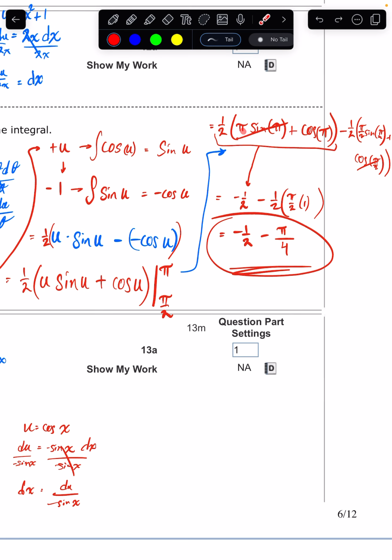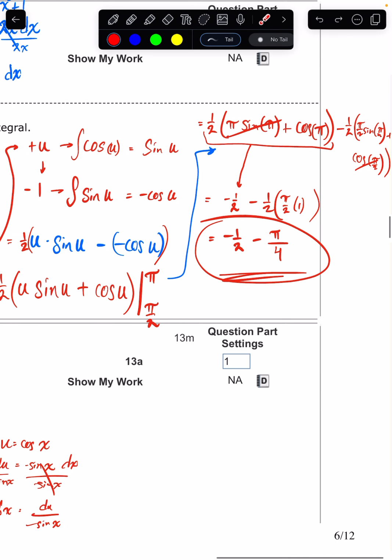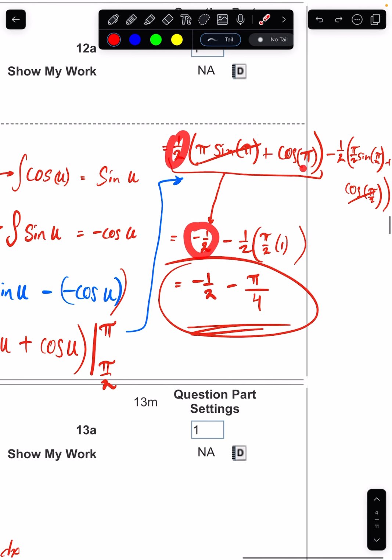Pi times cosine of pi, well, that just crosses out because sine of pi is just 0, and cosine of pi is -1, right? So -1 times 1/2 is -1/2, and then -1/2 times pi over 2 times sine of pi over 2, and that is 1, right?